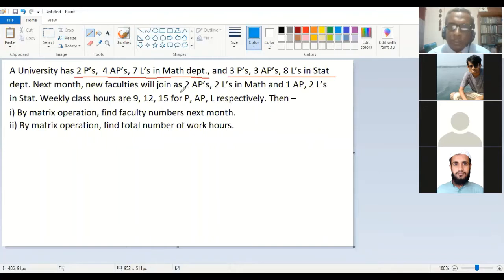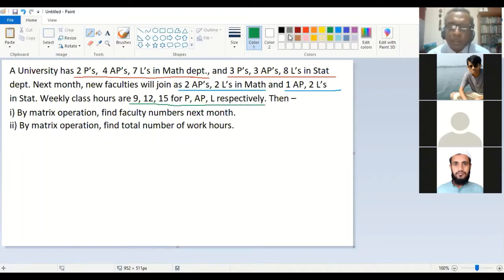You understand? Yes, sir. So just think it yourself, how you can solve this by using matrix.